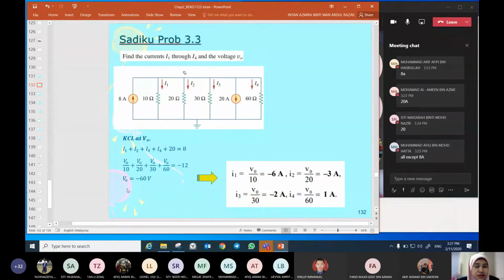Finally we get V0. Then for I1 until I4, just substitute V0 in each term and we will get the answer.